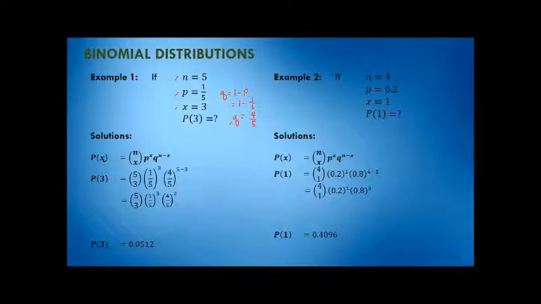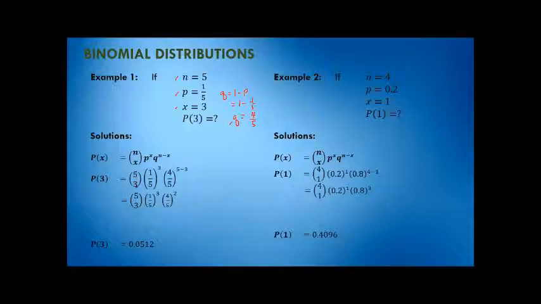So, again, the formula is P of x is equal to the combination of n taken x at a time times p raised to x times q raised to n minus x. Substitute lang natin. So, ang pinapahanap is probability of 3 success. So, we have 3. So, 5 here, 3 dito.